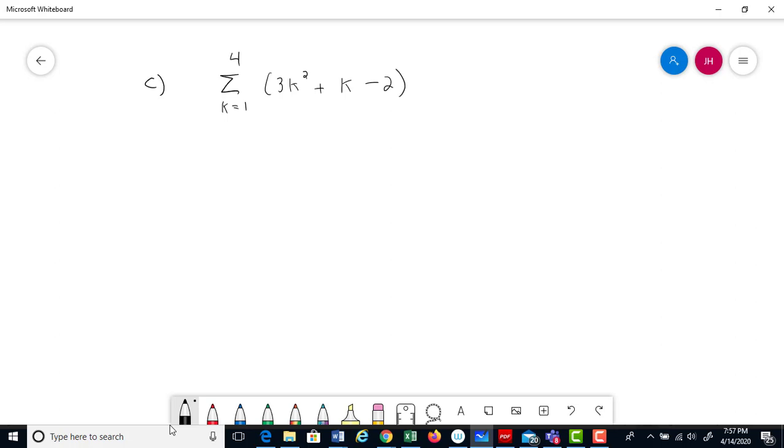I know that the sum of the sum is the summation of the sums, plus I can pull out constants. So this is going to be, maybe I'll do it all in one shot, I don't want to skip things, the summation of 3k squared plus the summation of k minus the summation of 2.